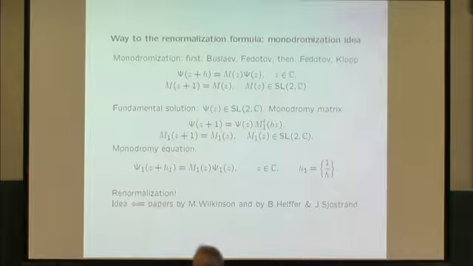Okay, now trying to proceed as in the case of differential equations, we have arrived at one more difference equation defined by the monodromy matrix. So here you have the monodromy matrix, and here you have a new shift parameter. The new shift parameter is related to the old one by means of the Gauss transform.